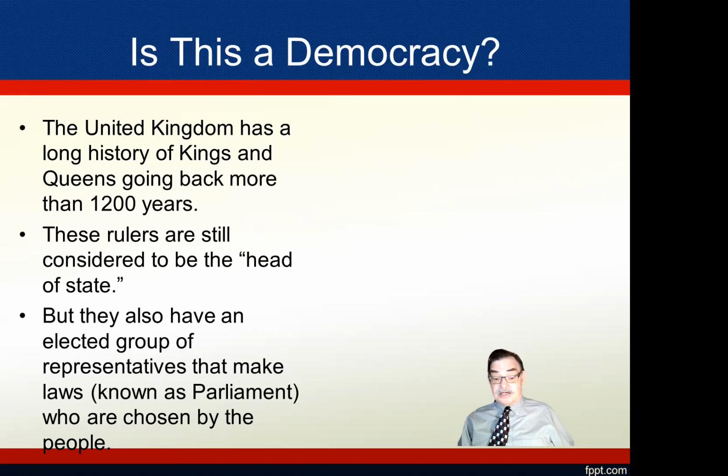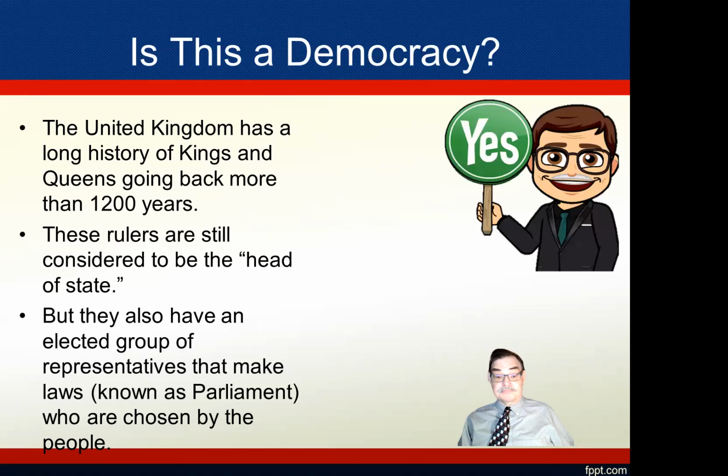Is this a democracy? Well, yes, because people are involved and they have a say in their government. Now, it also has shades of a republic because the people vote for representatives in parliament, and parliament will in turn vote for who becomes their prime minister, which is like their president.